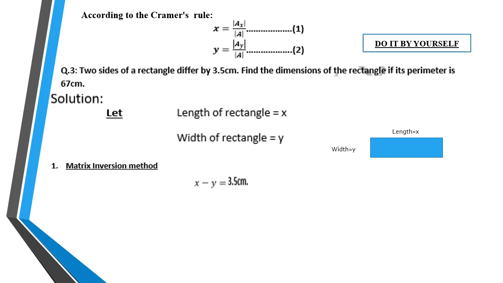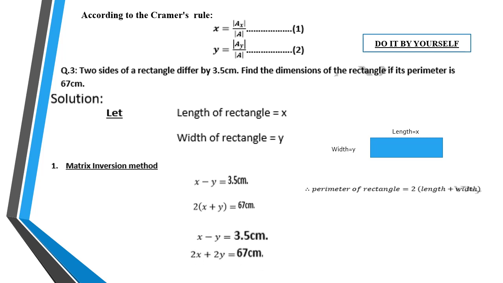First method is the matrix inversion method. For the difference of two sides, x minus y is equal to 3.5 centimeter. Now the perimeter of the rectangle is 2 into (length plus width). So the second equation is 2 into (x plus y) is equal to 67 centimeter. The perimeter is given in the question, that is 67 centimeter.